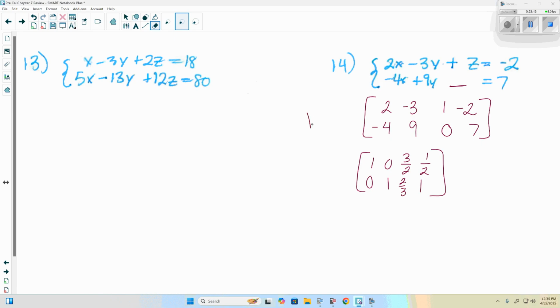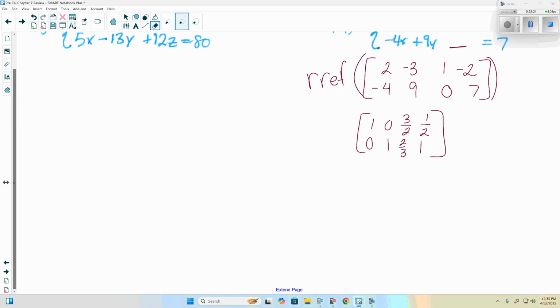So after we used RREF, we put this in reduced row echelon form, we get this here.